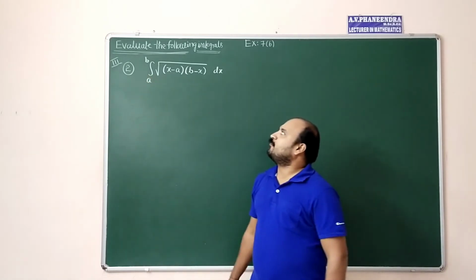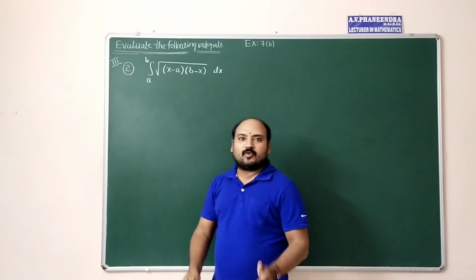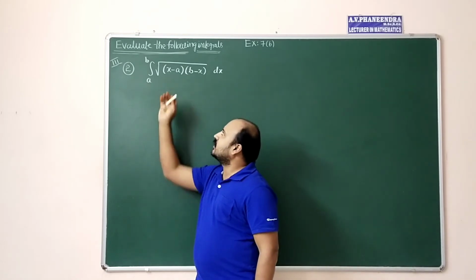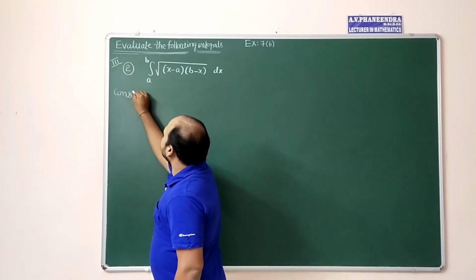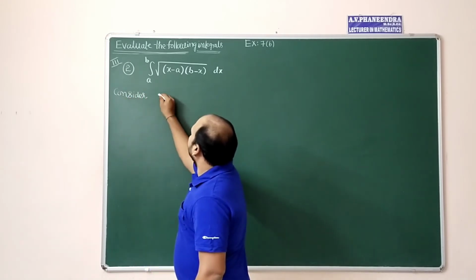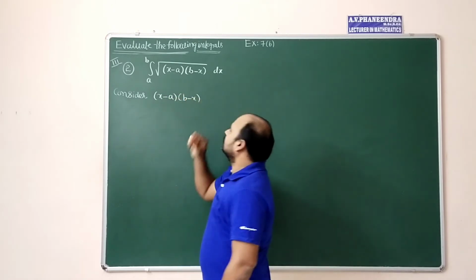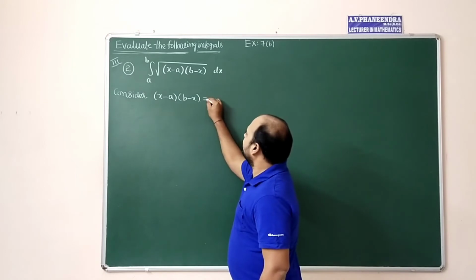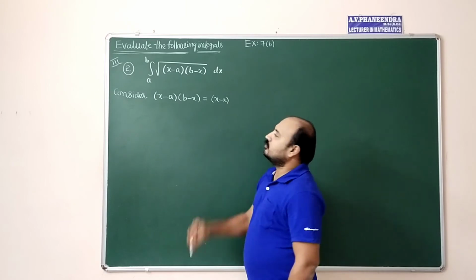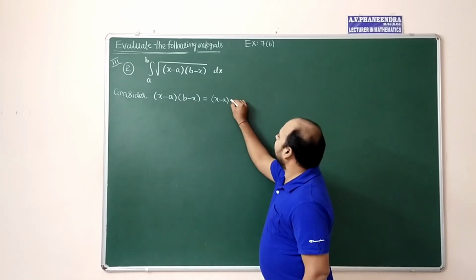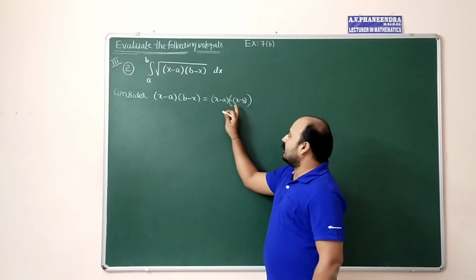The integral a to b of square root of (x minus a) into (b minus x) into dx. First you have to consider the quadratic expression here, (x minus a) into (b minus x), which is equal to (x minus a) into, from these two minus take common, minus of (x minus b), which is multiplying one, it is not minus.